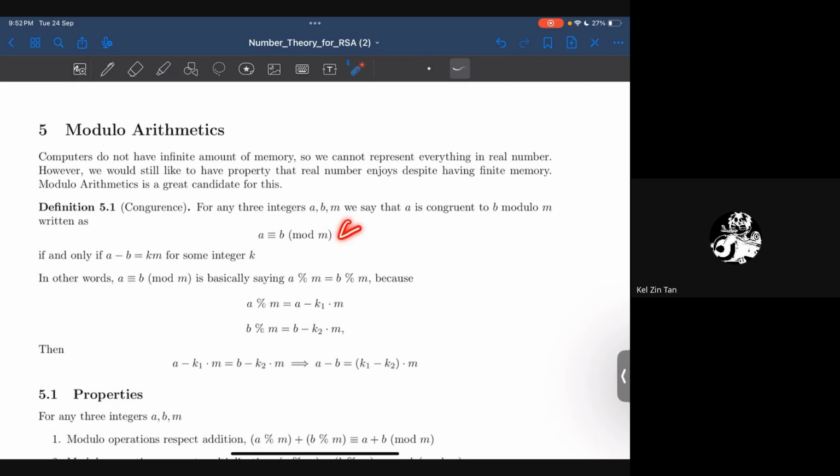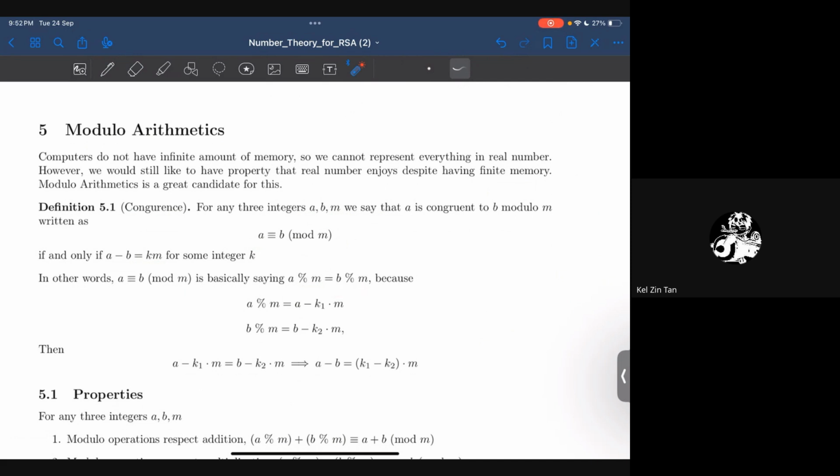We say that a is congruent to b modulo m if and only if a minus b is equal to km for some integer k. Basically what I'm saying is that the remainder of a after dividing by m is equal to the remainder of b after dividing by m.